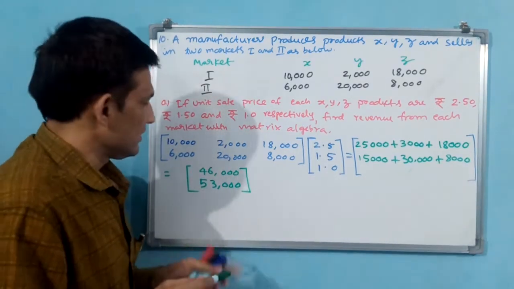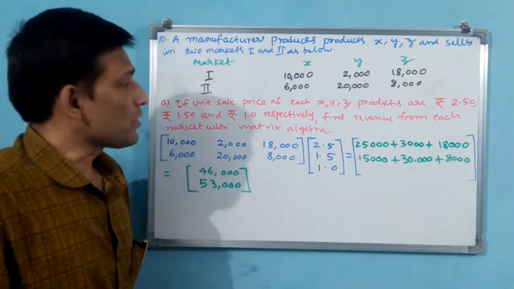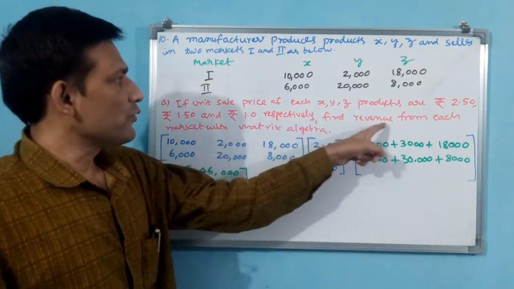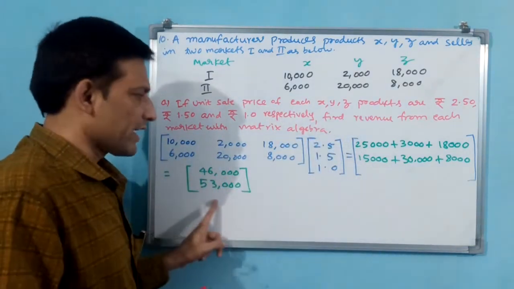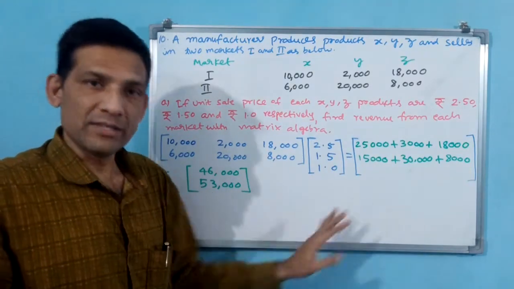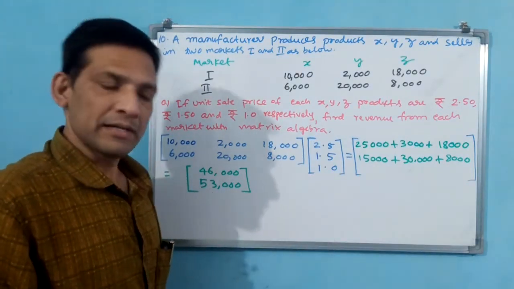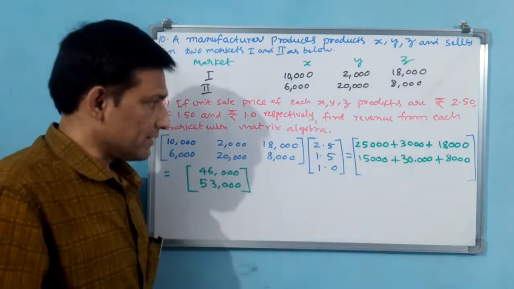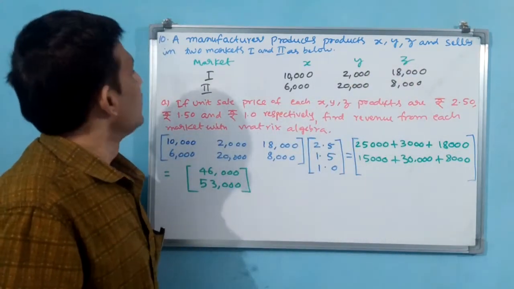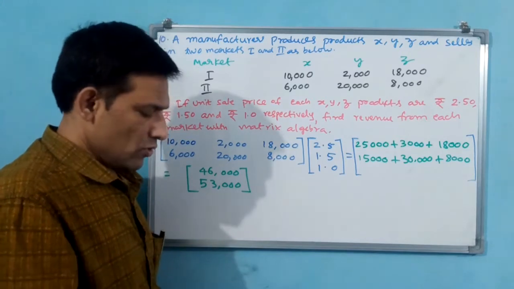See, this will be the answer. How do you write? Like this: revenue from market 1, 46,000; revenue from market 2, 53,000. You understand? Like that you have to write. This answer I am writing on the side, because we are going to do the second part also. Note down this question.